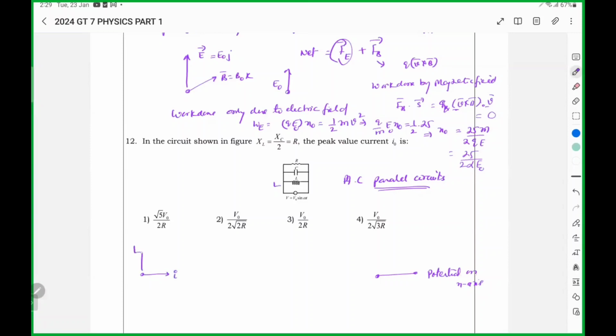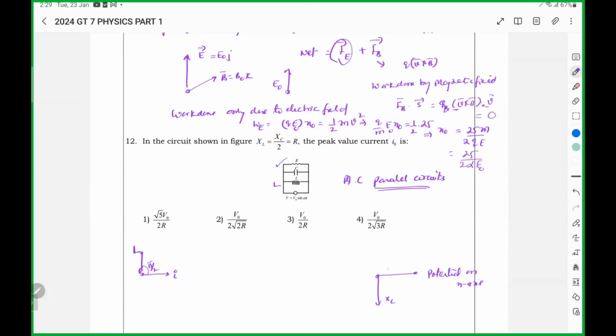So in a series circuit, you observe current. Here, in a pure inductor circuit, potential leads current by pi by 2. That means current lags potential by pi by 2. So this is due to the inductor because current lags potential.